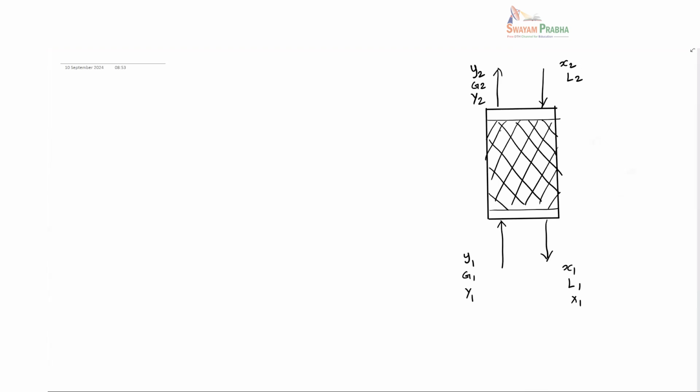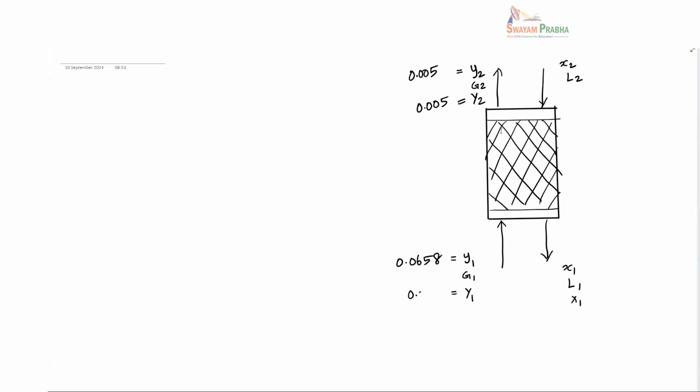So now I'm going to mark all the values that I already know. For example, from the problem that we solved in the last class for the carbon disulfide, y2 is 0.005. Capital Y2 is also 0.005. y1 is 0.0658.